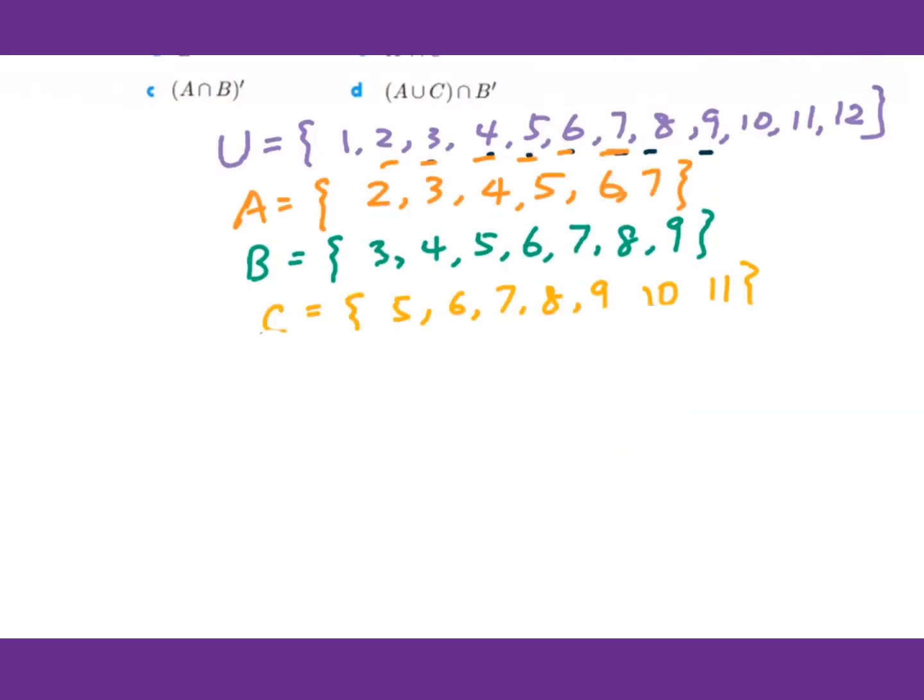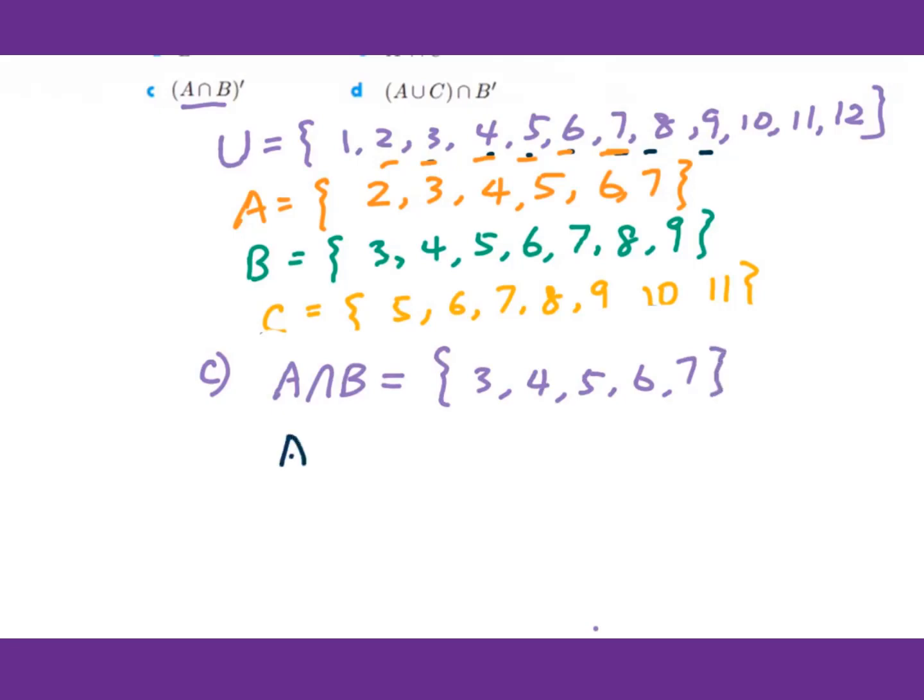Now let's go to C. First of all, you need to figure out A intersect B. Then you work out the elements of this intersection. A intersect B, we need elements in common. So we have 3, 4, 5, 6, 7.